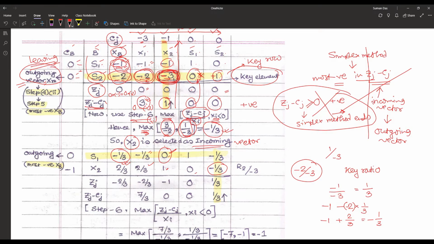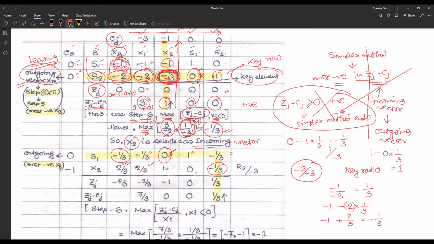That must be 0, and 0 is here. That one was 1, so 1 minus 0 into key ratio 1 by 3, so the result is 1. Next one, 0 minus, there was plus 1 into key ratio, so the result is minus 1 by 3, and that is here.